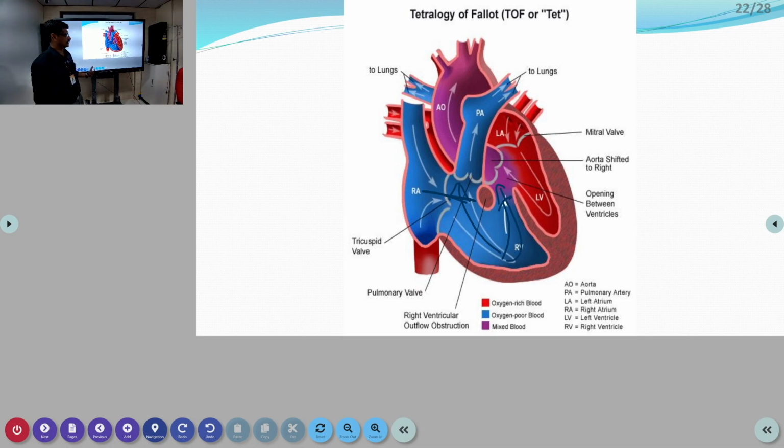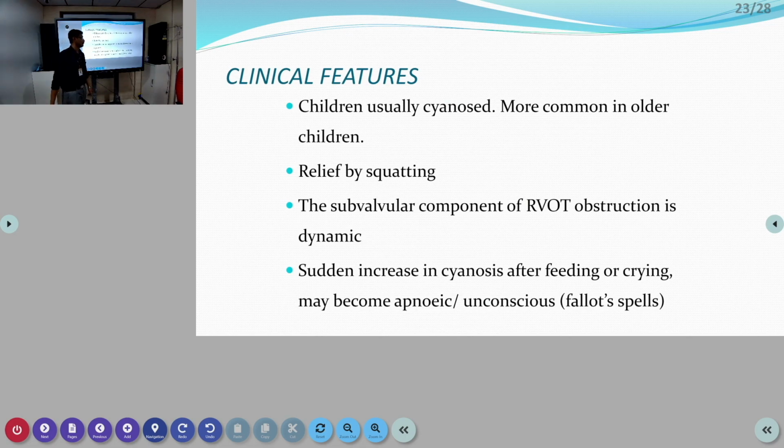So the cyanosis can become severe, and the patient has to squat to relieve the cyanosis, and those are called cyanotic spells, tet spells. Children are usually cyanosed, more commonly older children, with relief on squatting.